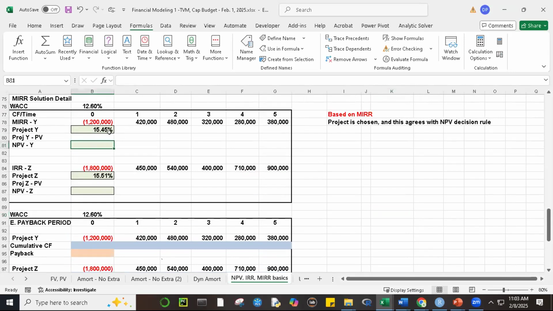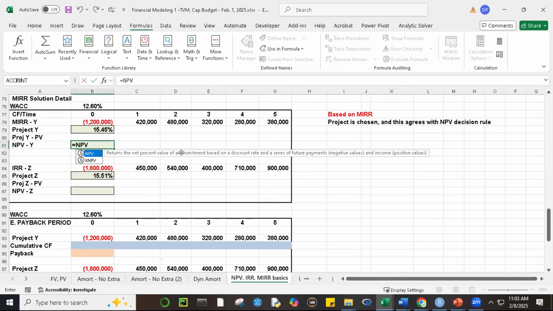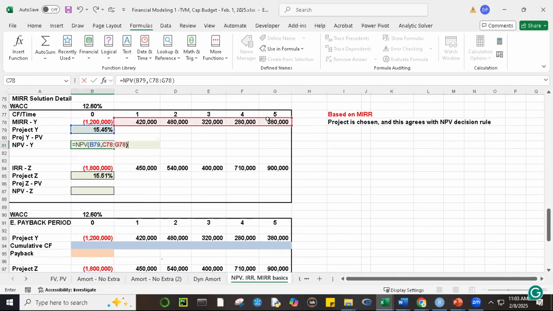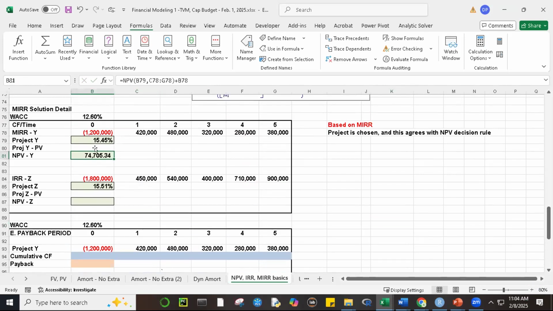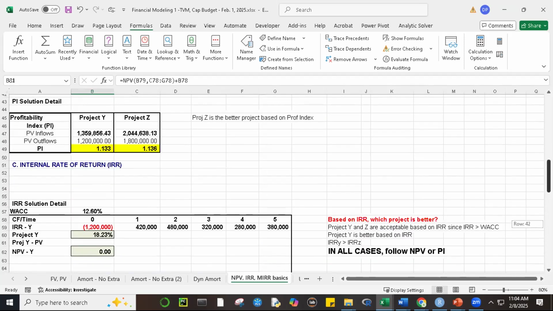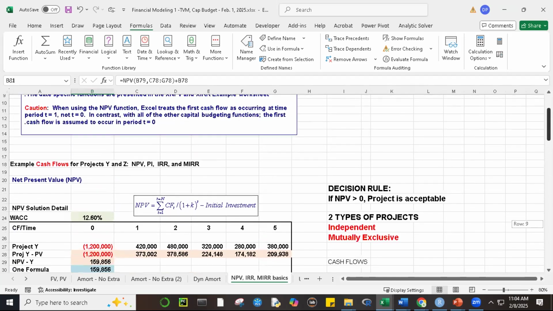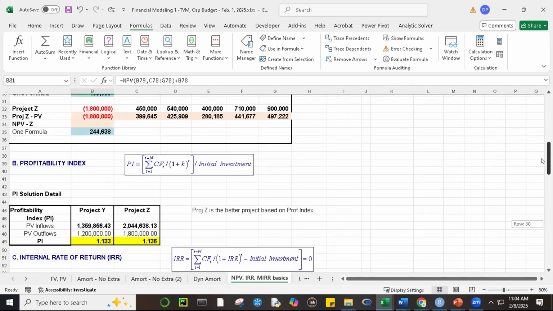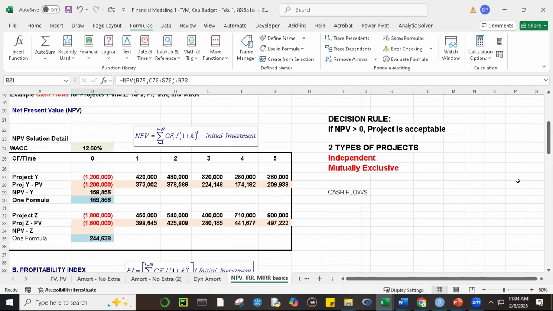So what will happen if you compute for the NPV of project Y based on MIRR here, comma, and then here, and then close. The net present value using the MIRR is different, of course, because the rate is different. It will be different from the initial one, because there we're using 12.6%.